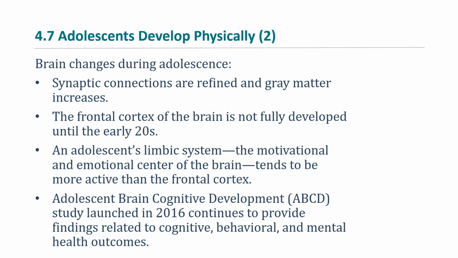The limbic system responds to taking risks and to feeling excitement and pleasure, and it opens the world up for an adolescent to feel new forms of pleasure and excitement.